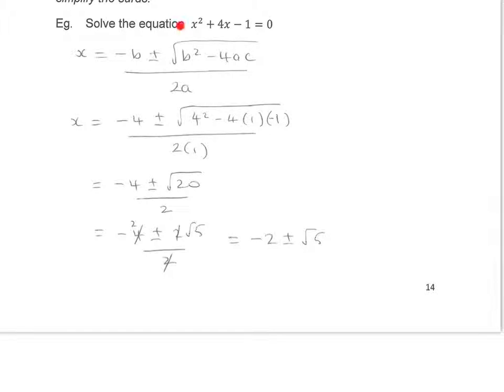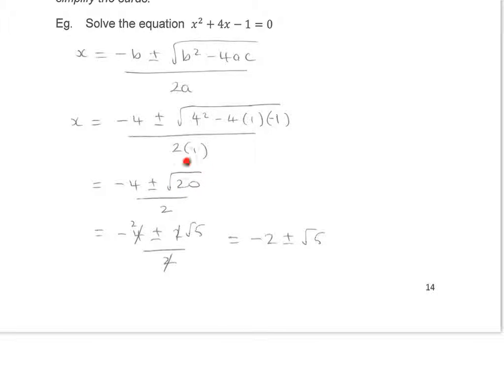So substituting the values of A, B and C into that formula then, we get minus 4 plus or minus the square root of 4 squared, minus 4 times 1 times minus 1, and that's all divided by 2 times 1. So simplifying what's in your square root, we've got 16 plus 4, which gives me 20.